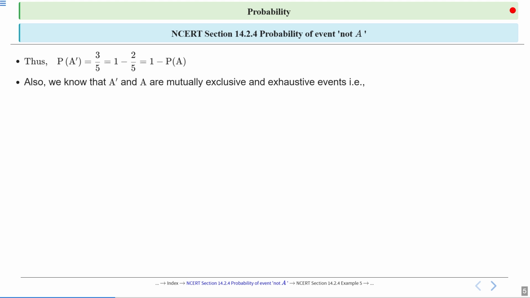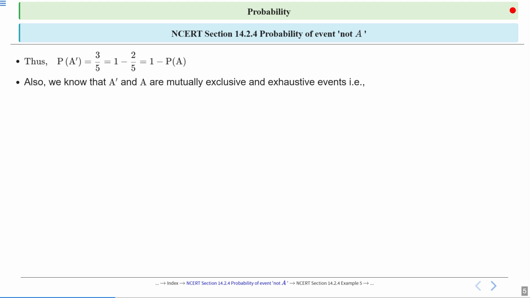Clear? And if we take the union of A complement and A, then we get sample space S. So A union A complement is equal to sample space S. So A complement and A are also exhaustive events. Clear?